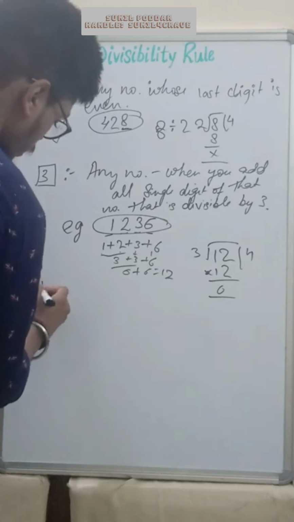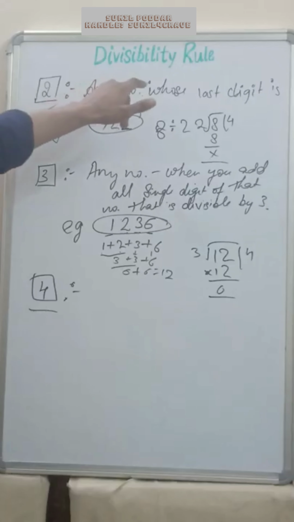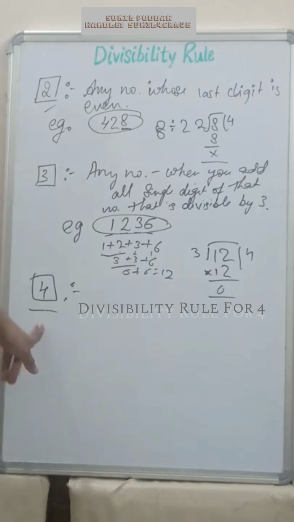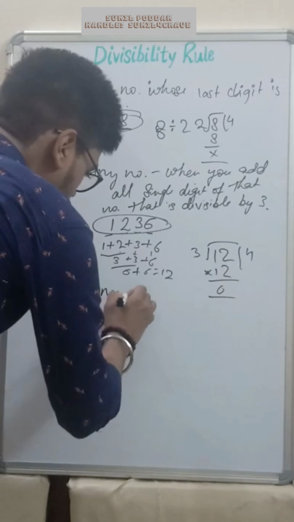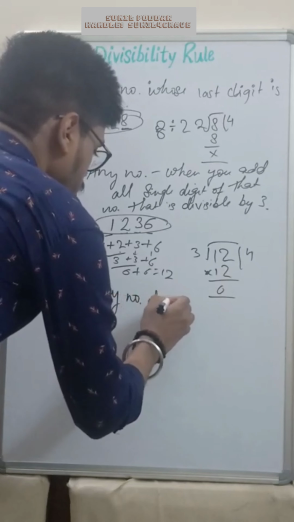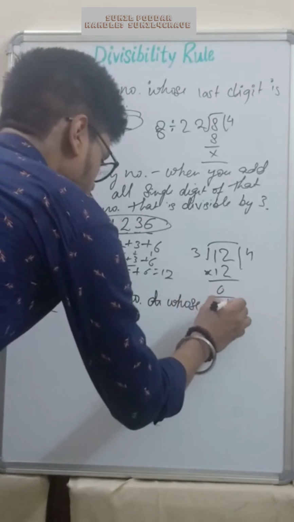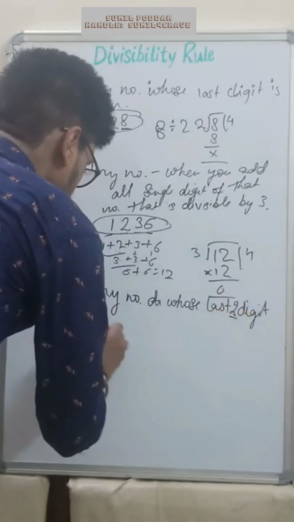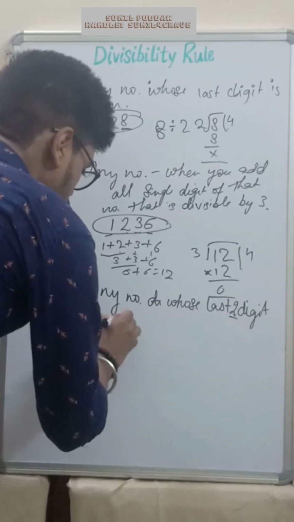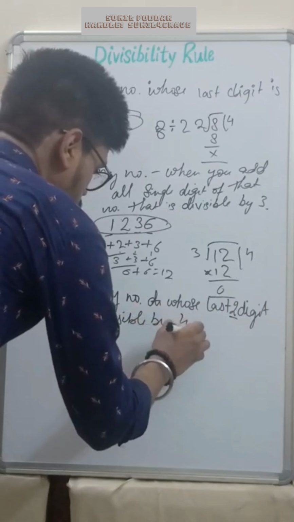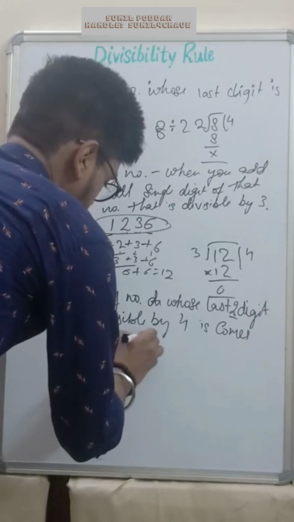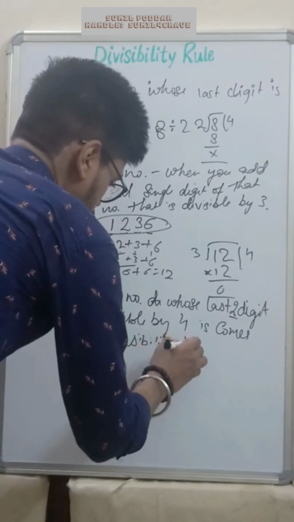Let's come to 4. A number whose last two digits are divisible by 4 is divisible by 4.